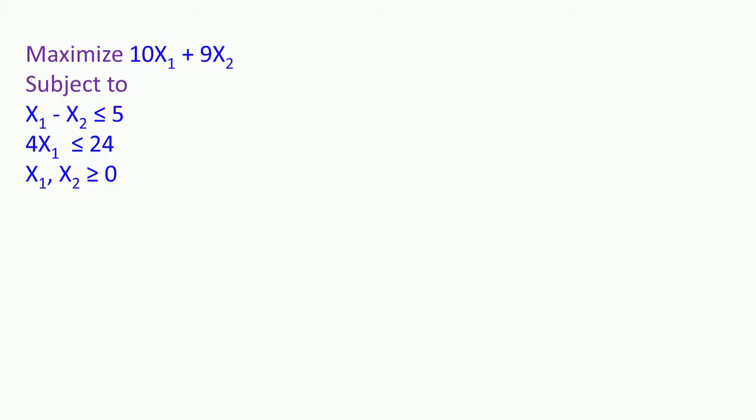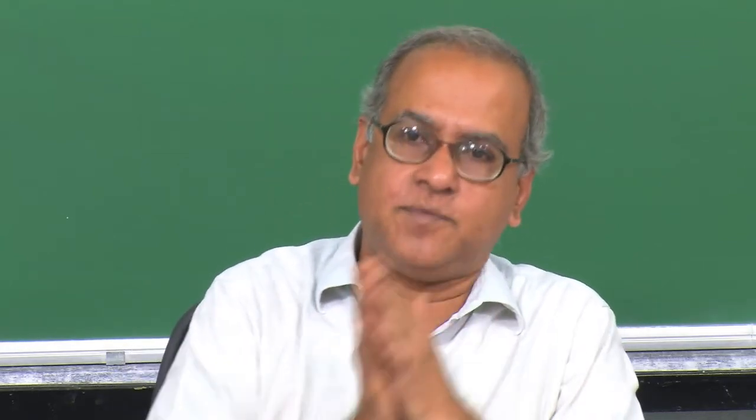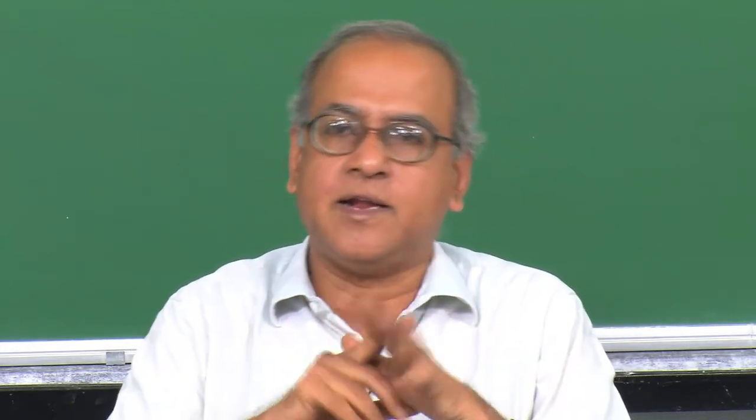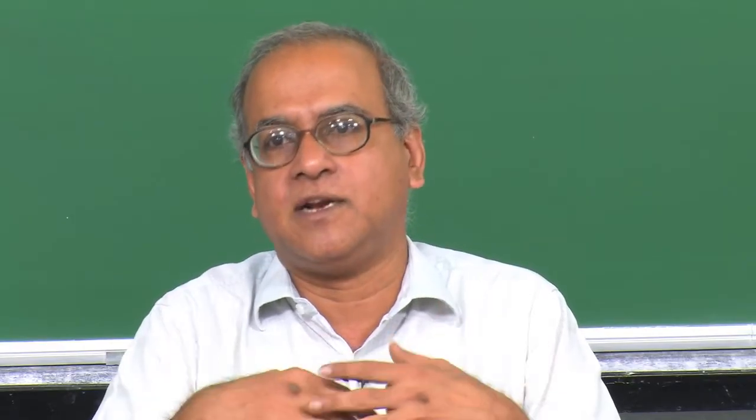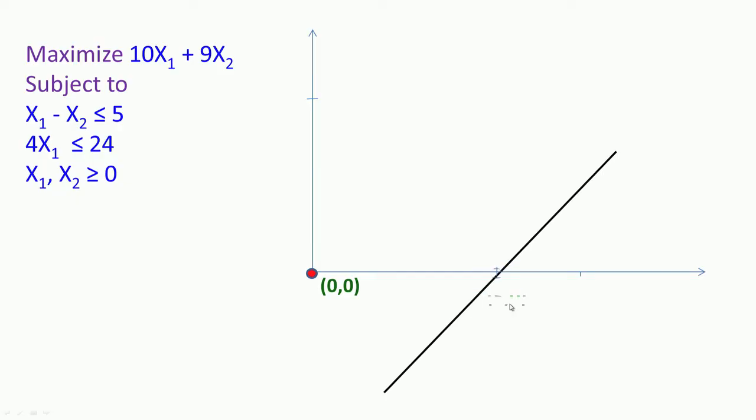We said that a linear programming problem can give us an optimal solution, or it can be unbounded, or it can be infeasible. So we looked at examples for unboundedness and infeasibility, and we showed the graphical solution to this problem, and we said that this is unbounded.